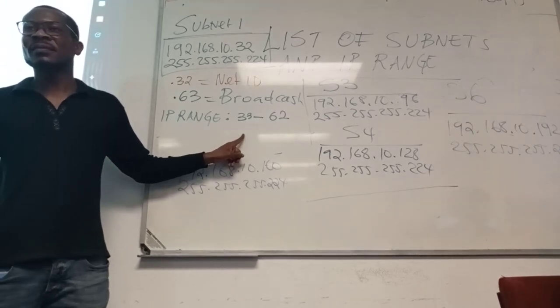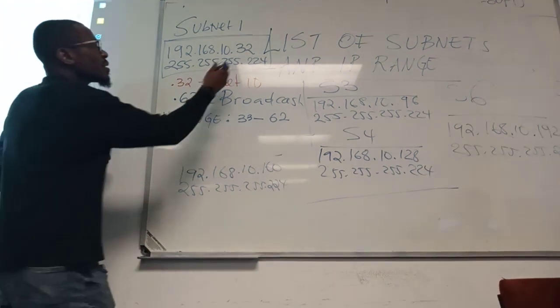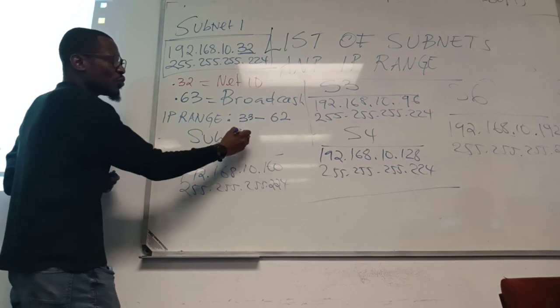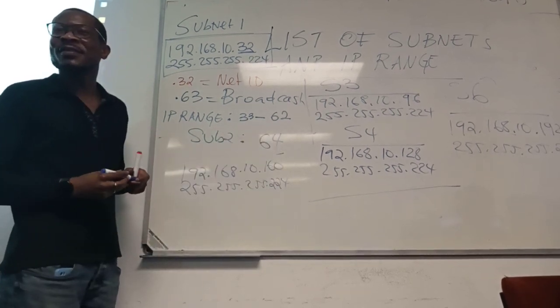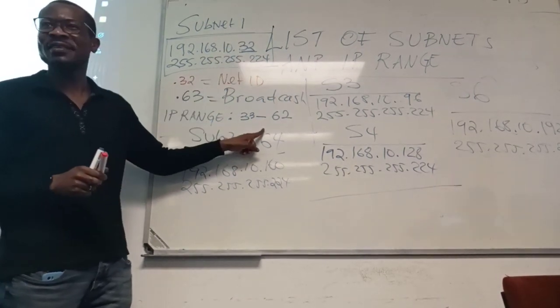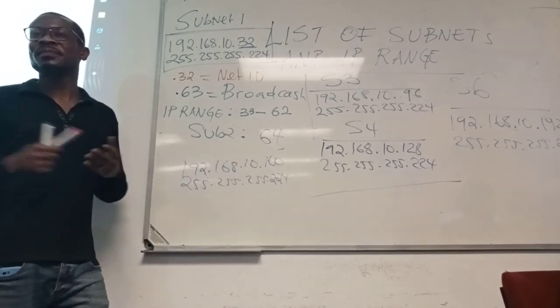Where did you get 63? No. You see the first network starts from where? 32. Subnet 2 starts from where? 64. Right? Yeah. So it means that the IPs are moving from 32 to 63 for this network. You cannot go over.